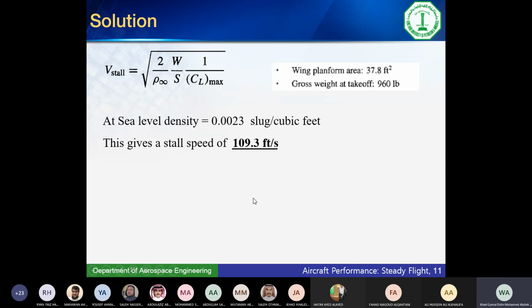That's lower than your car. So this aircraft can fly slower than your car. And that's a good thing, not a bad thing, because the slower the aircraft can fly, the safer it is. I'm not saying that it will cruise at this speed, but it can go as low as this speed. That's a good thing.